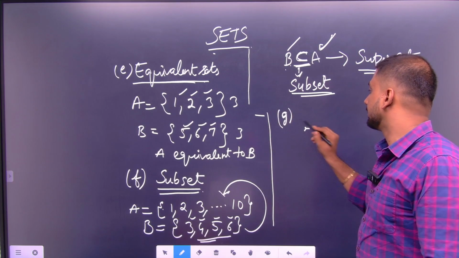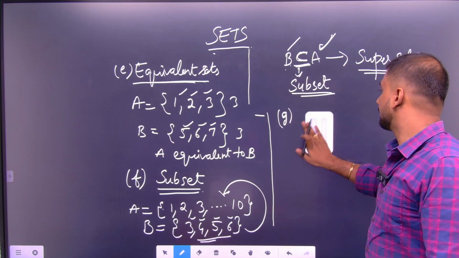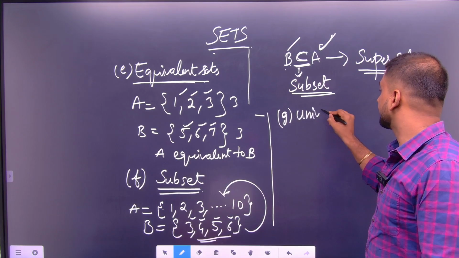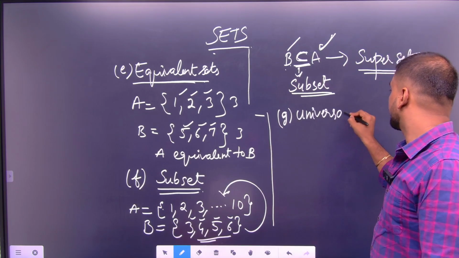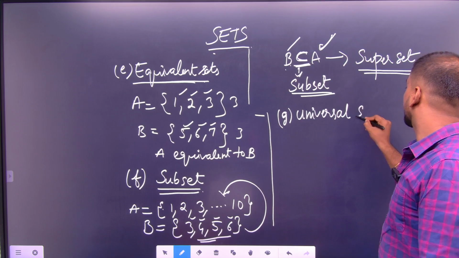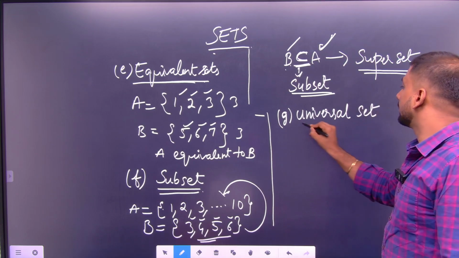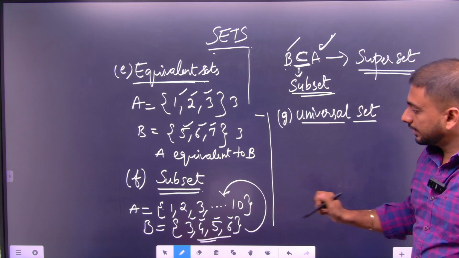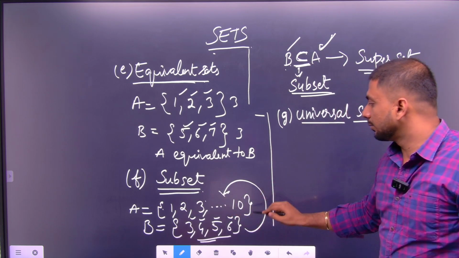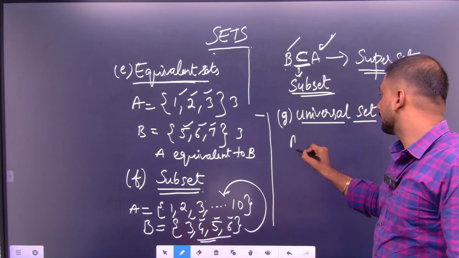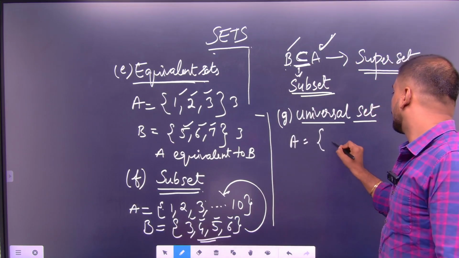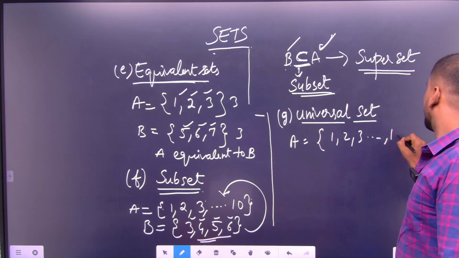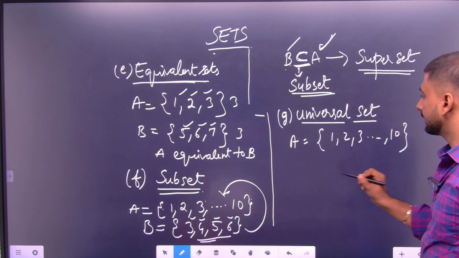This type of set is known as universal set. What do you mean by a universal set? Let's take the same example of 1, 2, 3 up to 10. Okay.